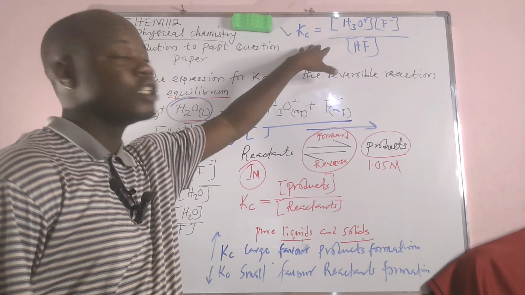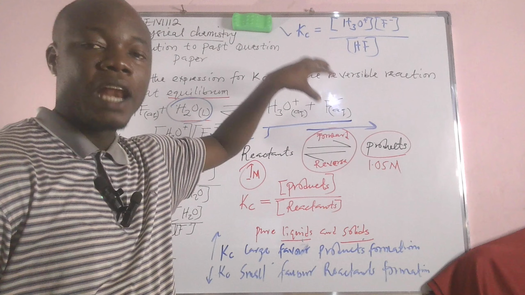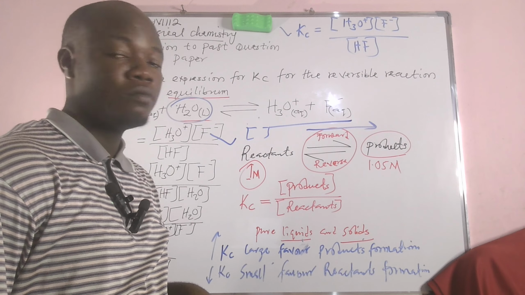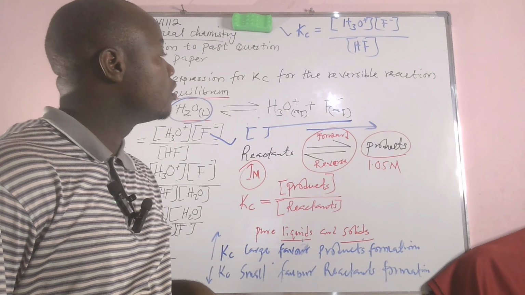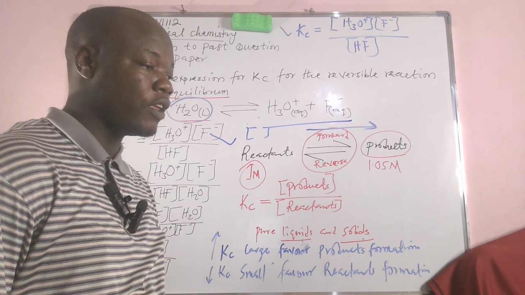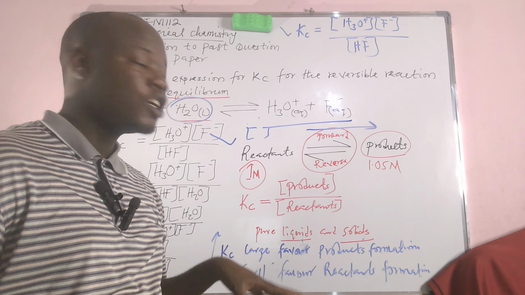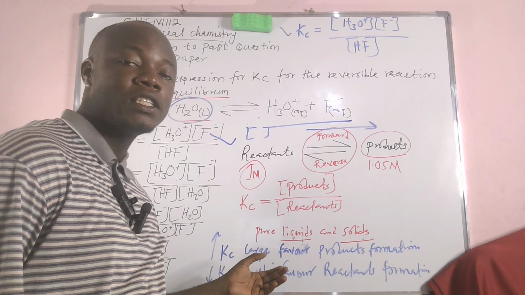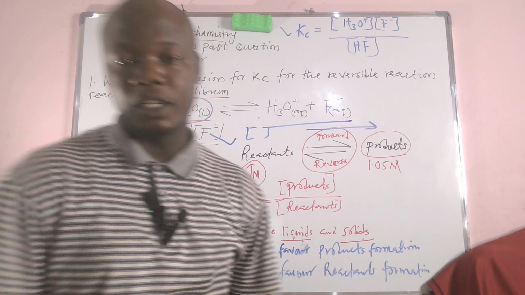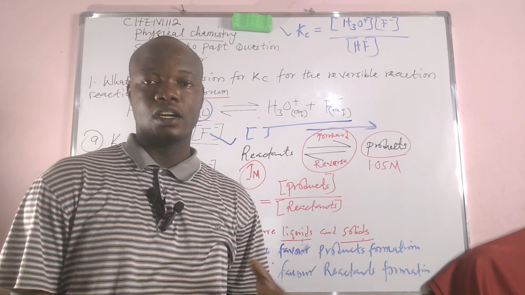So if you get a larger Kc value, that implies the reaction is not at equilibrium. Therefore, the reaction will favor either the reactant formation or the product formation in order to balance it. That is why you have a smaller Kc value and a larger Kc value. So ladies and gentlemen, I hope you will enjoy this. Let's go and answer another question.